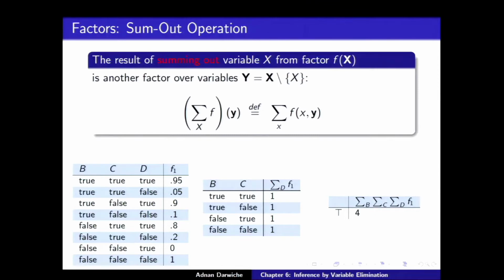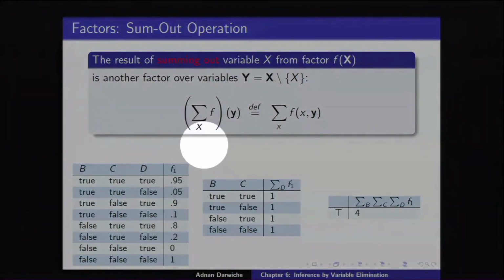All right, folks. So let's formally treat the sum out operation. Here's our factor. It's over a set of variables X. And my goal is to sum out a single variable X from that set of variables. Now look at the notation. If I do that, the new factor will be over Y, which is the set of variables X removing from it the one that I'm summing out.